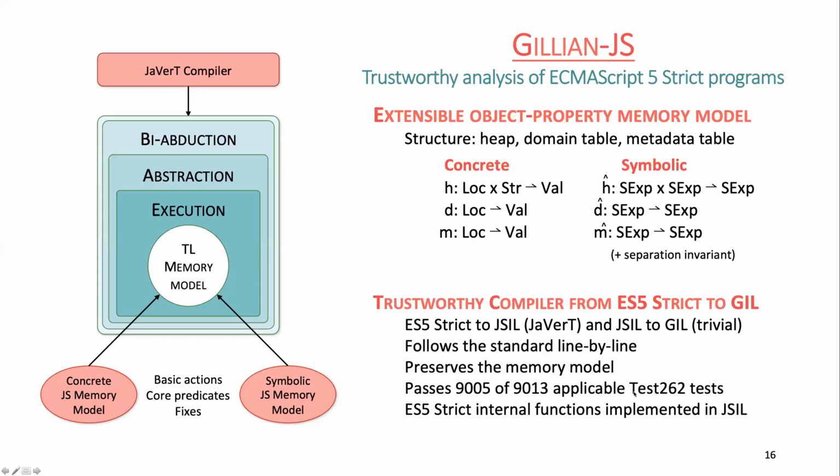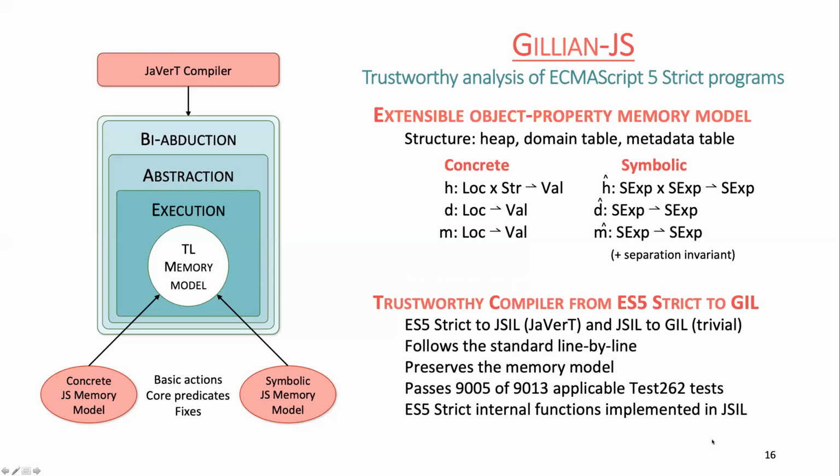What I like about this work is that it's giving a criterion for validation that's outside our system, i.e. the tests have come from the official test suite. For those of you who know about JavaScript, there's a humongous amount of complication to do with the internal functions.